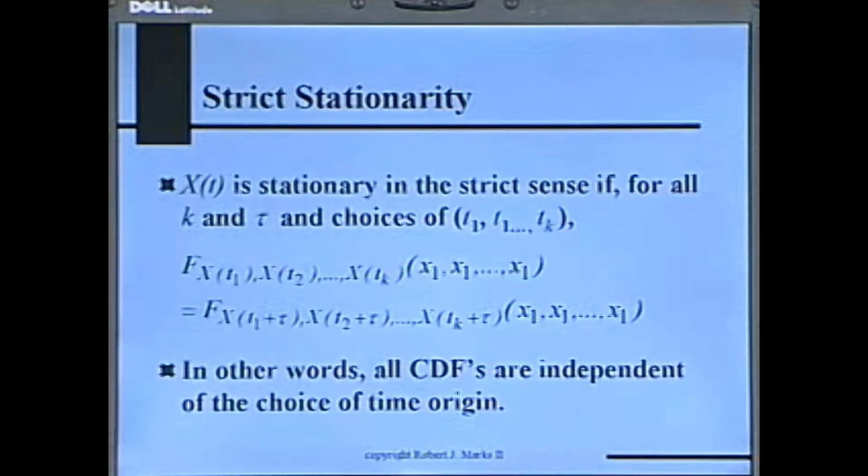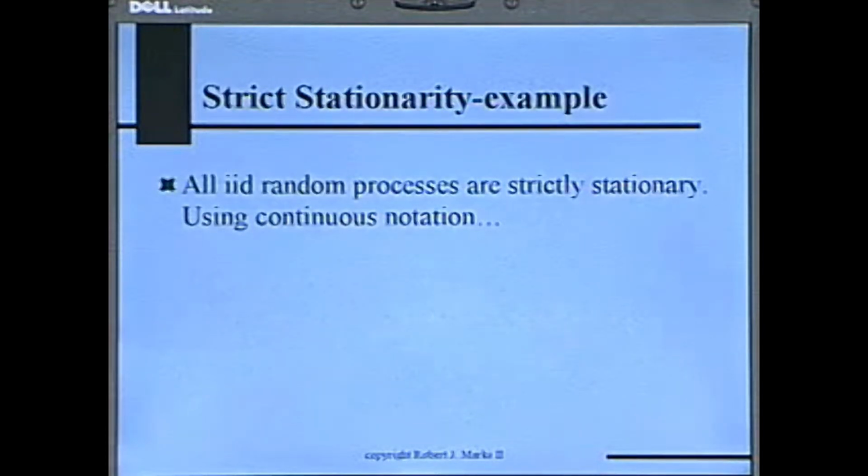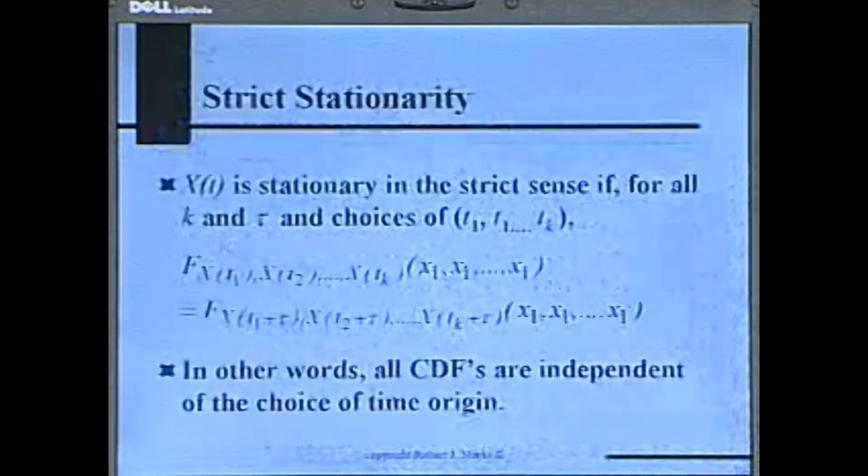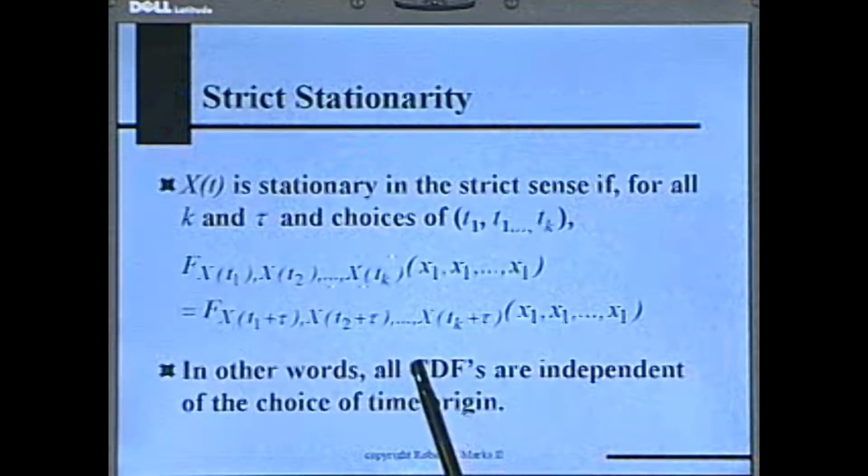You'll notice that shifting is kind of a relative thing. You can either think of shifting the function or you can think of shifting the time origin. They're relative to each other. So that's the definition of strict stationarity. And by the way, there's the equivalent definition for discrete time random variables also.